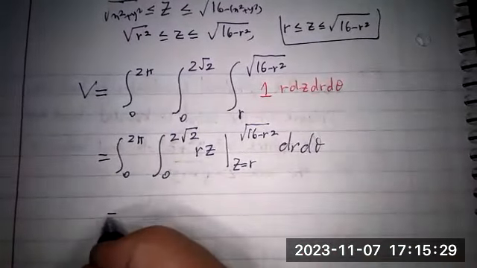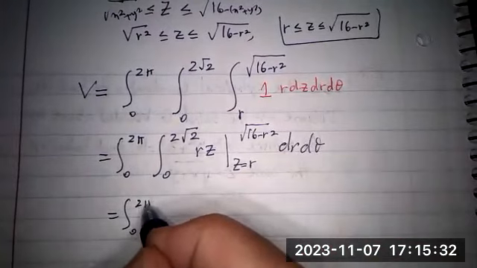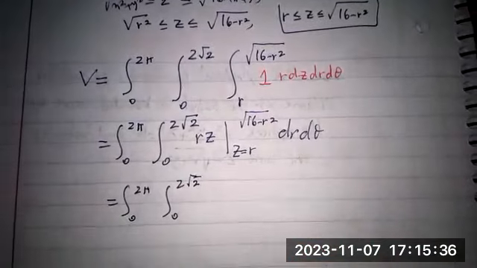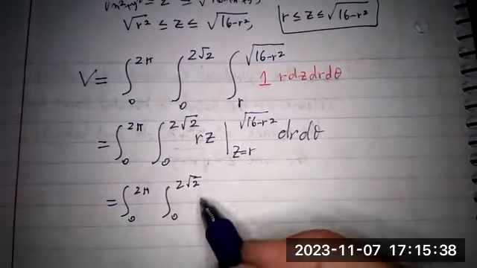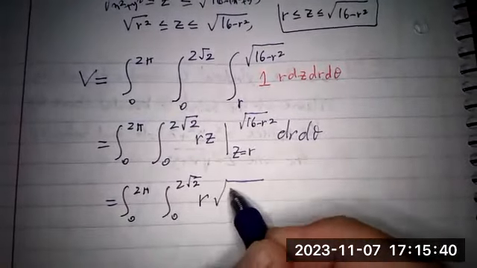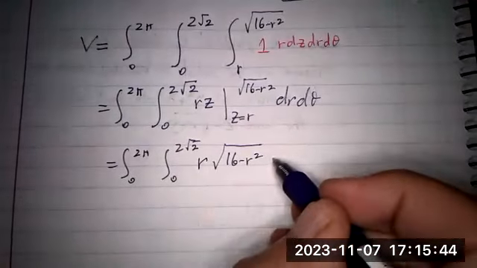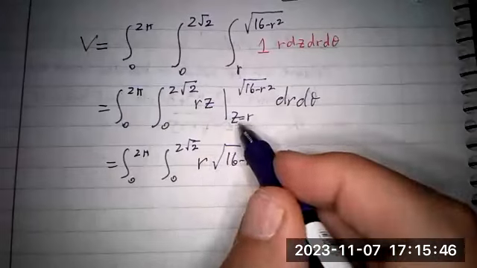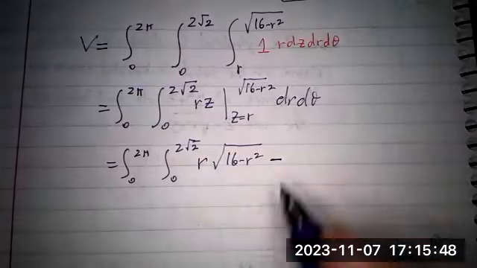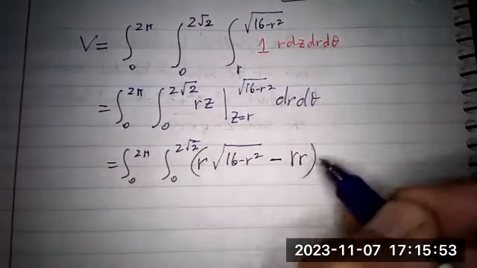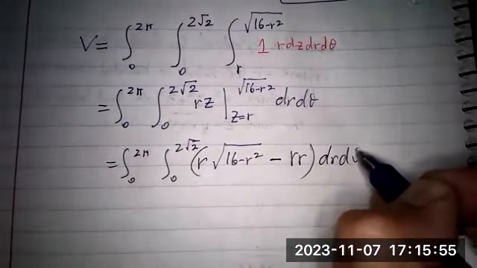You substitute, so it's going to be 0 to 2 pi, 0 to 2 radical 2. When you substitute z equal to that radical, that gives you r radical 16 minus r squared, minus, you replace the z by r, so that gives you r times r. Then when you're done, integrate with respect to r, then with respect to theta.